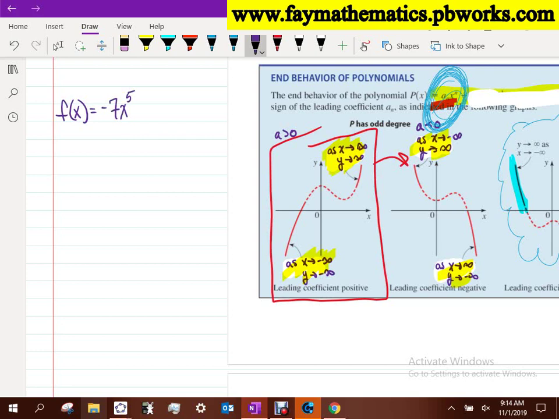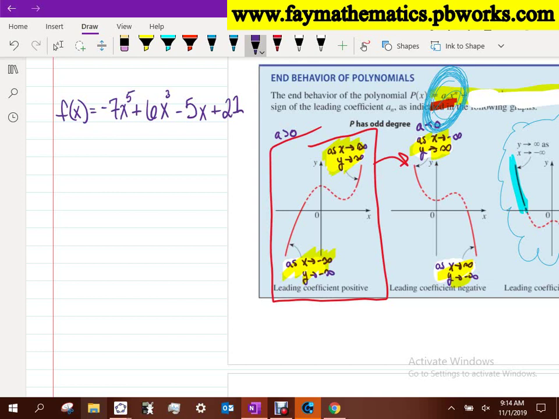So negative 7x to the fifth plus 6x to the third minus 5x plus 21. It doesn't matter what the coefficients are. Doesn't really matter what power we start with, what exponent. Doesn't matter the coefficients. Doesn't matter the constant term. Doesn't matter that I'm skipping an x to the fourth or an x squared.